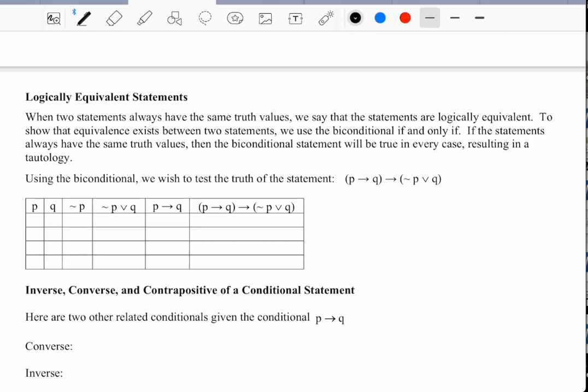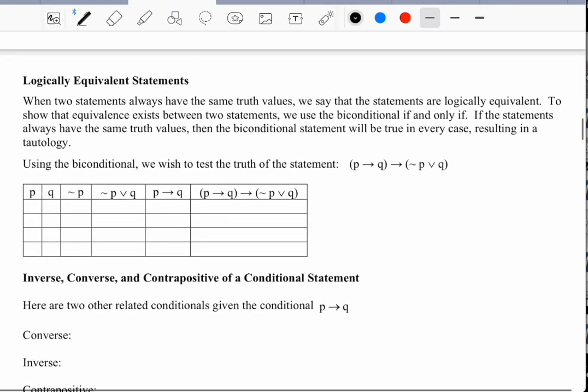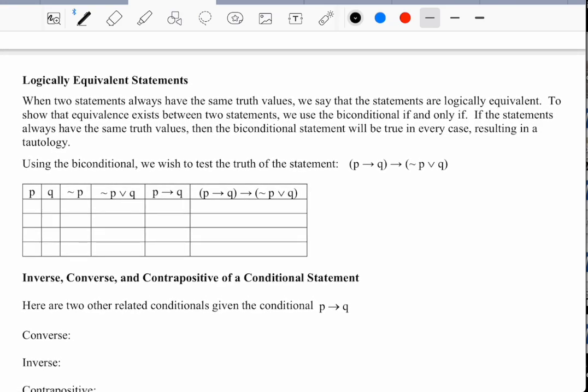All right? So it kind of sounds like I'm attempting to make a joke, but it's actually the reality of things. That's the nature of logic. All right? So logically equivalent statements is where it's at. Because if we can take something that's fairly complicated and clean it up, then we're going to be in a pretty good spot. Conditionals are the most complicated thing in propositional logic, right? Just because of the if-then aspect of it.